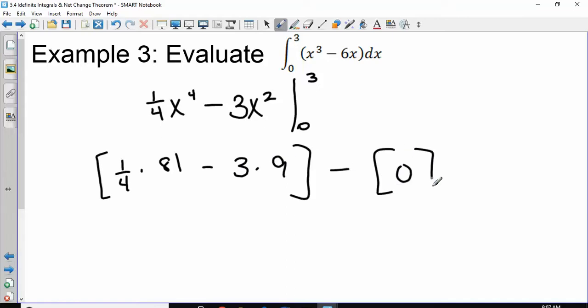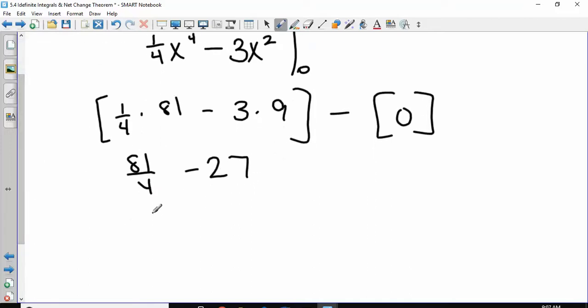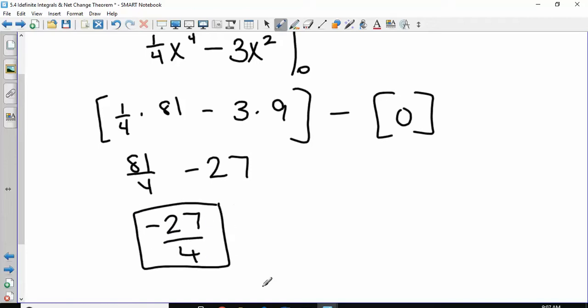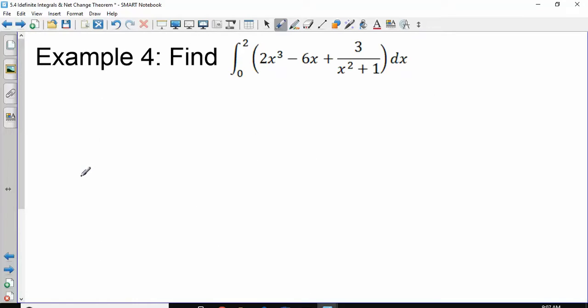Plug in a 0, all of that is 0, so you get 81 over 4 minus 27, which is what? Negative 27 over... That one okay? This one.